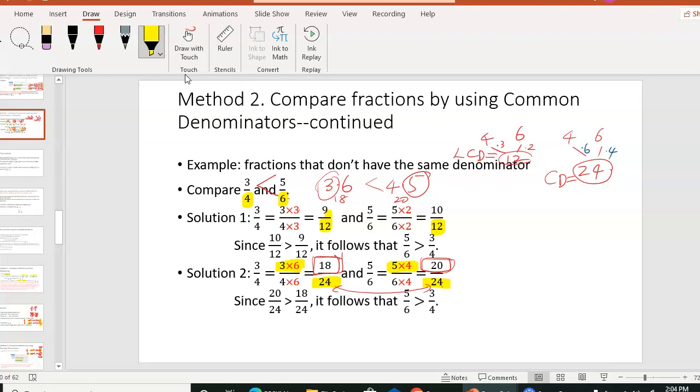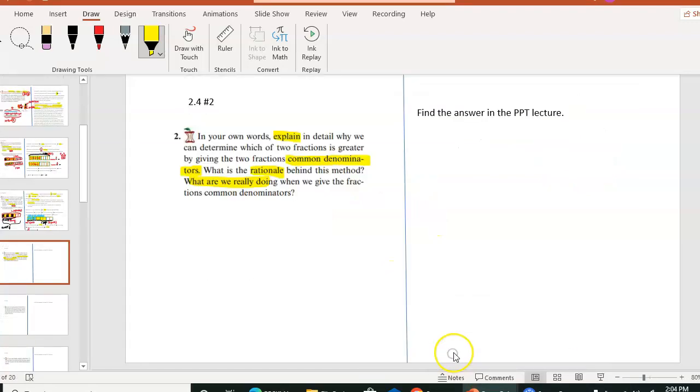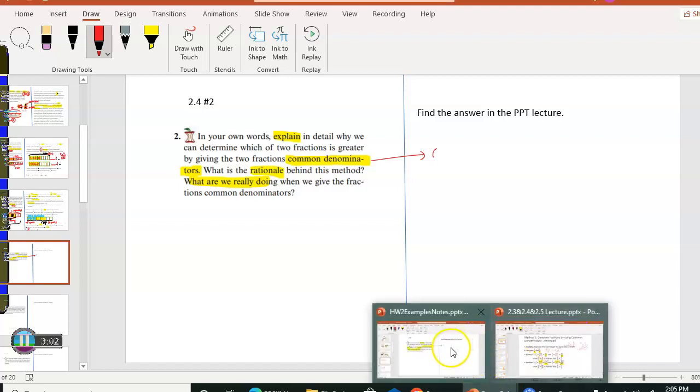Okay, so in your explanation, first of all, you will need to explain how you compare. I'm just going to list a few key points here. You need to mention the common denominator indicates that they have, well, you could just say what I did in the slides, they have like parts.